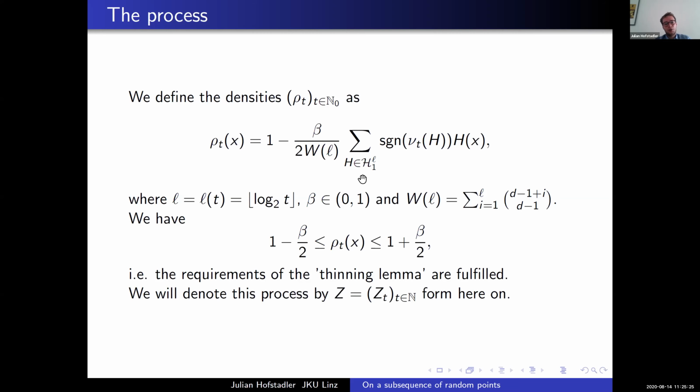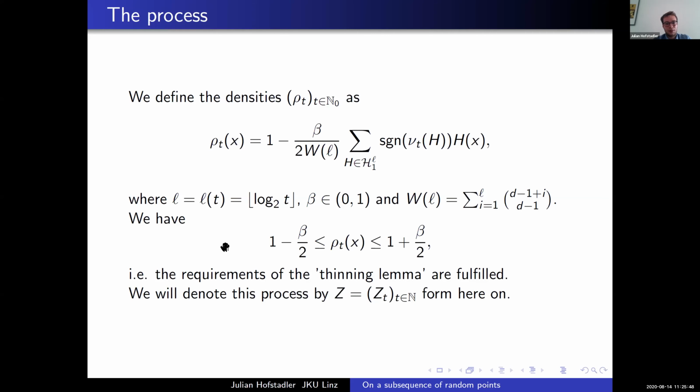And we will also see in a few moments how we can use this property to see what is happening with this process. And to save some notation, I will just always write the same symbol for this process, and it comes from these densities.